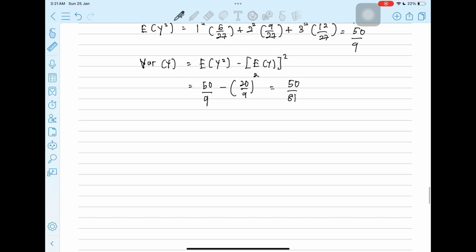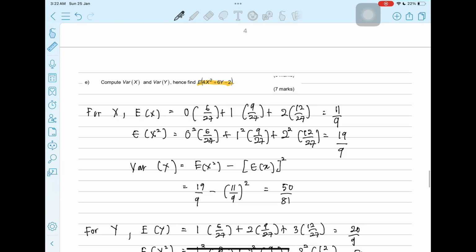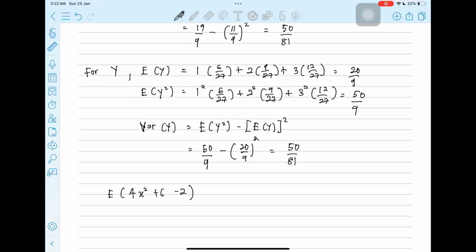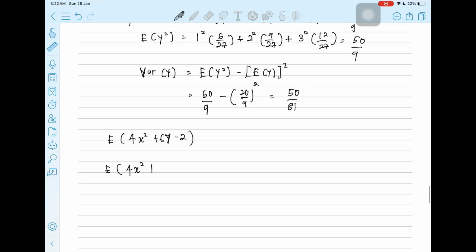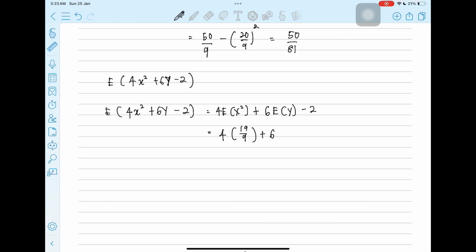So we find the E of 4x squared plus 6y minus 2. So we just add up 4E(x squared) plus 6E(y) minus 2. So we follow the formula, and we get the answer is 178 over 9.